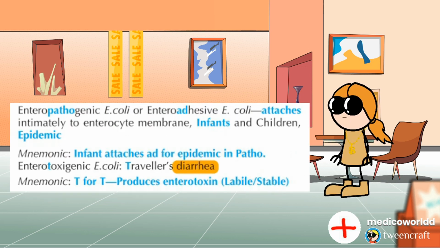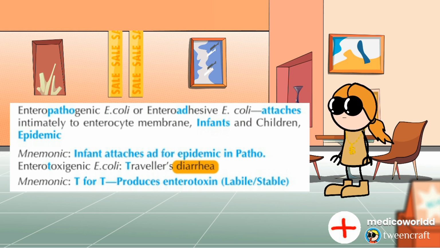Now, enteropathogenic E. coli and enteroadhesive E. coli attach to the enterocyte membrane in infants and children. These diarrheas are associated with epidemics. You can remember: infant attaches and epidemic in patho.